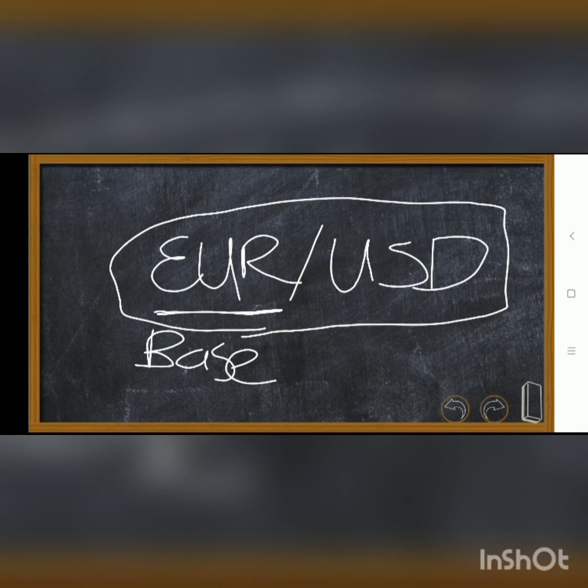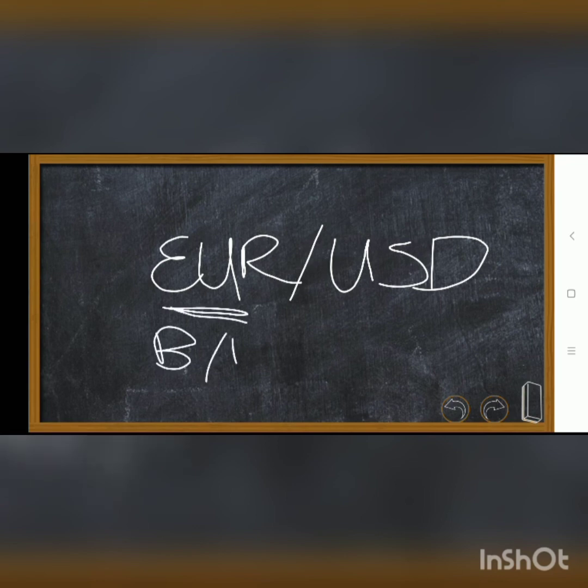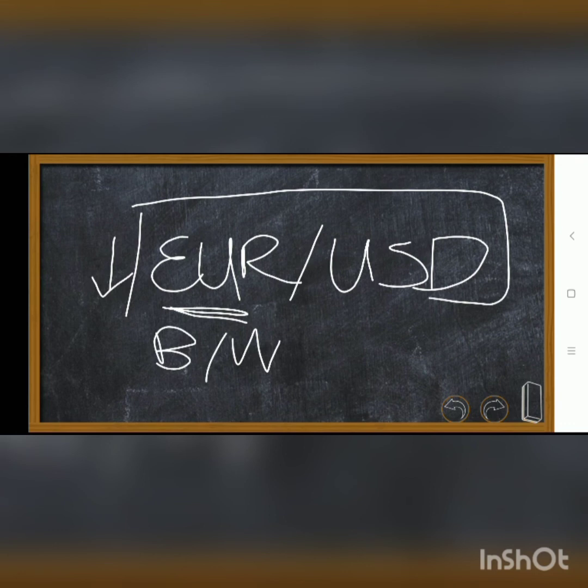I was saying the base controls the whole movement, meaning that a weak base will lead. When a base is weak, this means it will go down. We sell for a weak base. This means that the entire currency pair will go down.